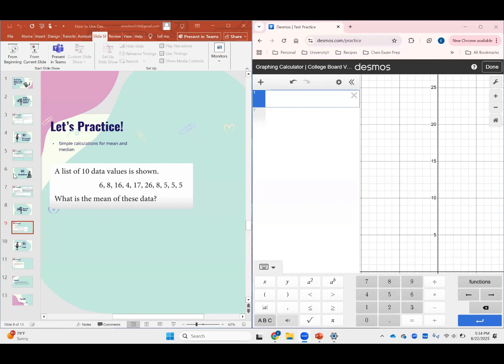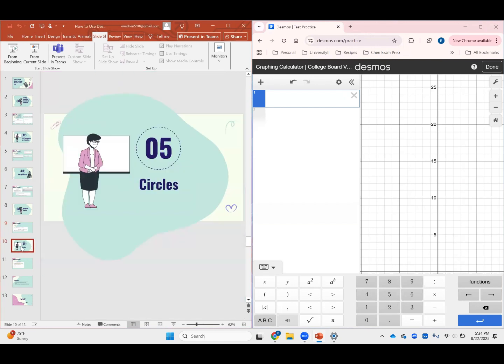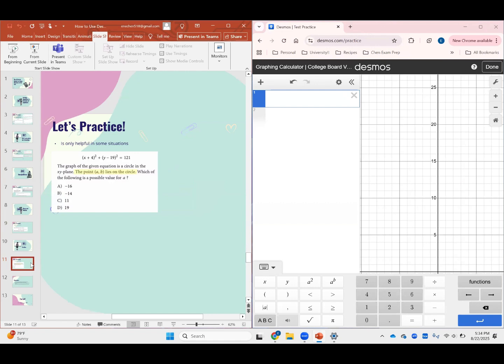Okay, now that was pretty simple. And we're going to move on to our last section. So our last section is circles. Now, for circle questions, it can be kind of tricky because DESMOS is only helpful in some situations, and in some situations it's not.